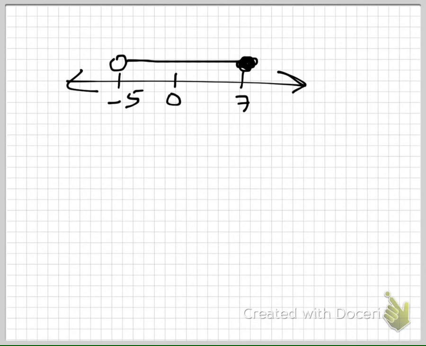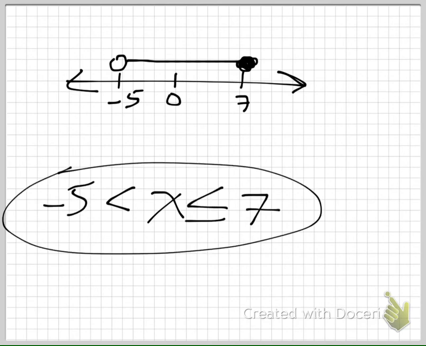There's no forever in each direction, so there's got to be an end over here and an end over here, so it's going to look like this. You would put an x or an n, whatever you chose, in the middle, and you'd say it is less than or equal to, actually you want to put this in numerical order, so you'd go it's greater than negative 5 and less than or equal to 7. That's how you'd write that. You want to put the smaller number on the left, just like we would do, numerically.